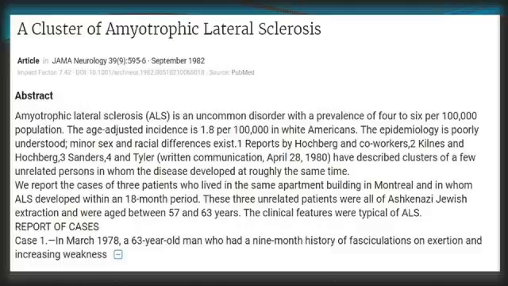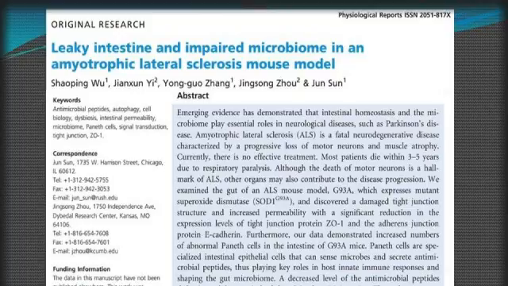There is this other study that showed a cluster of 3 people living in the same apartment that independently, in an 18-month period, got ALS. And if you're looking at an apartment building, what I suspect that they would have in common is potential mold exposure.